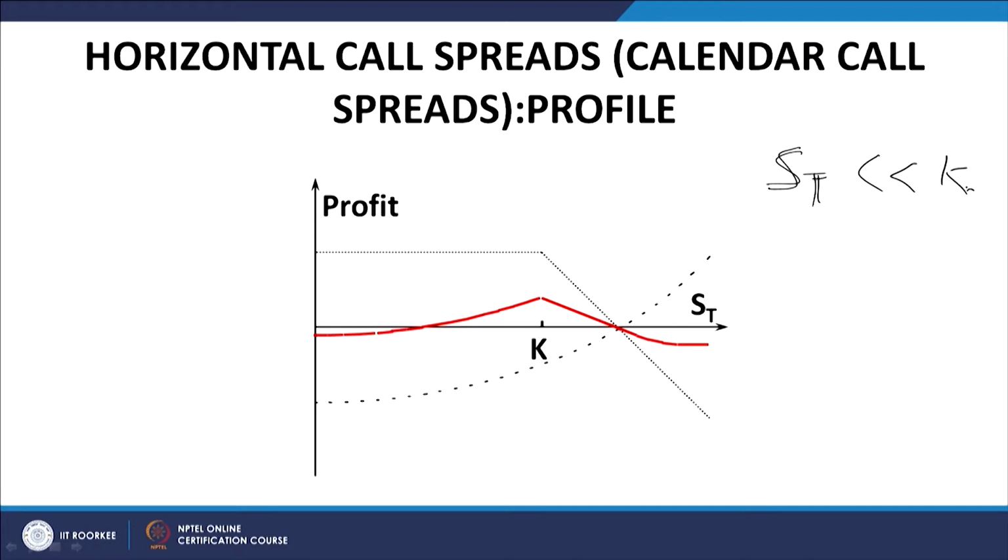Now, because S T A is very much less than K, and T A is the maturity of option A, there would be no payoff from option A. The short maturity option will lapse on maturity.